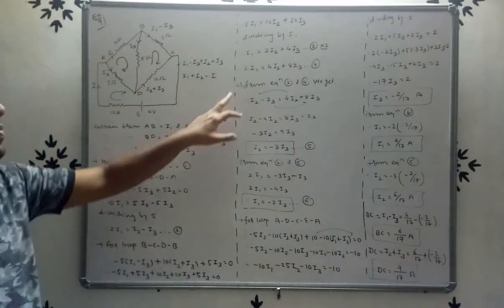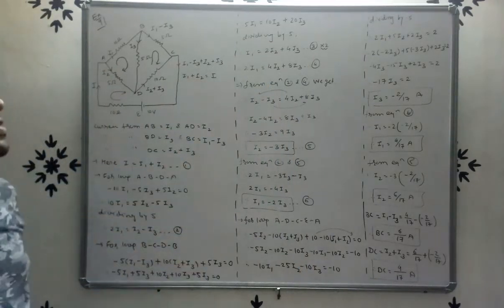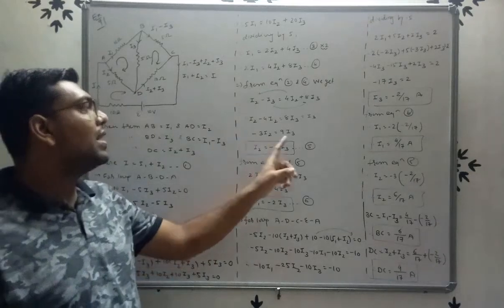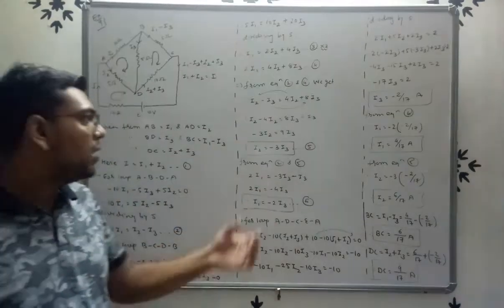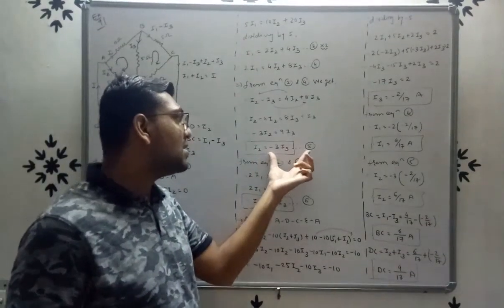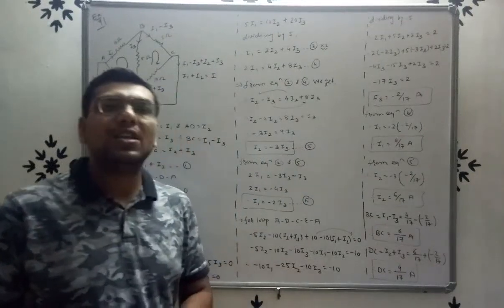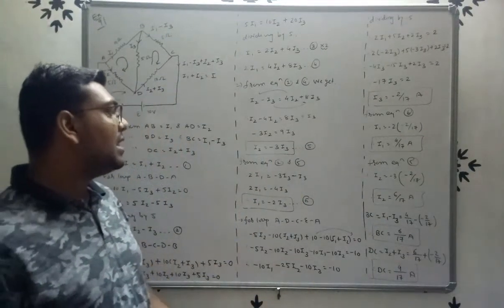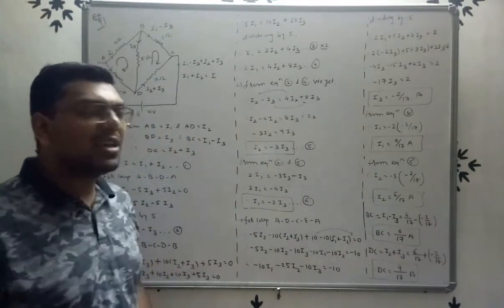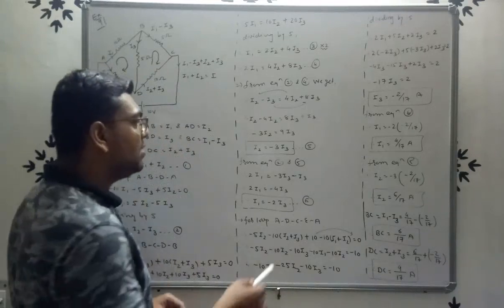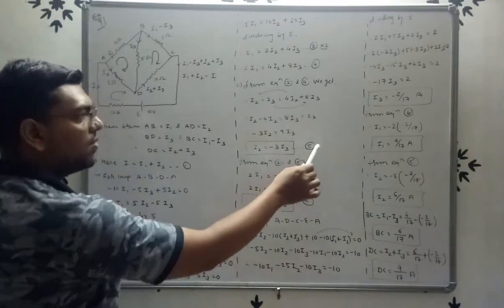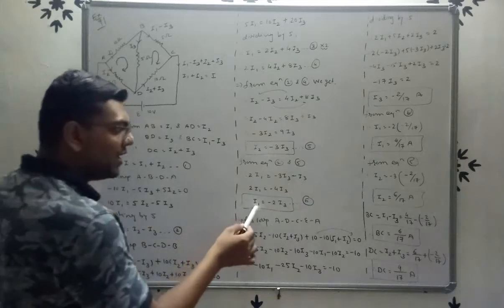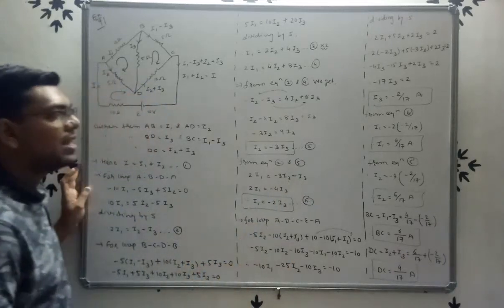So with the help of equation 2 and 4 we can easily find out the relation between I2 and I3. Now with the help of this equation number 5 we prove the relation between I1 and I3. So to prove the relation between I1 and I3 we use equation number 2 and 5. So we get I1 is equals to minus 2I3.